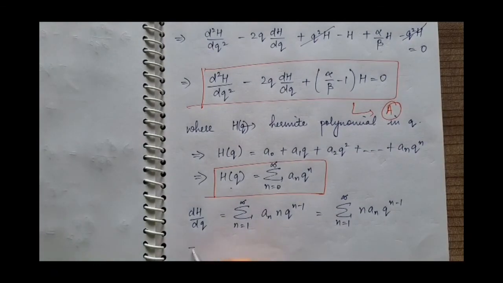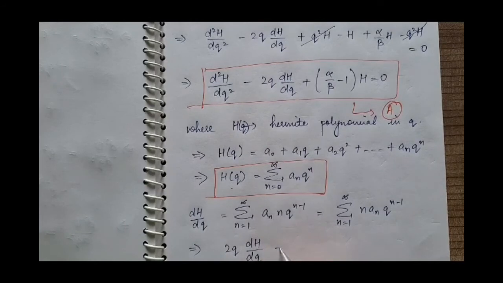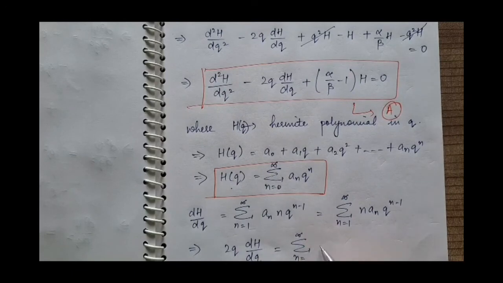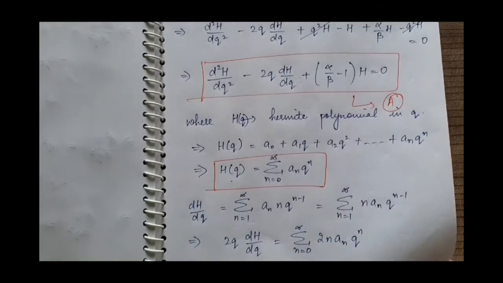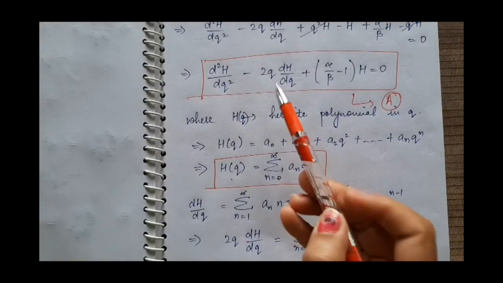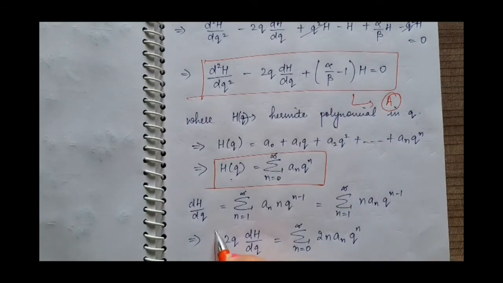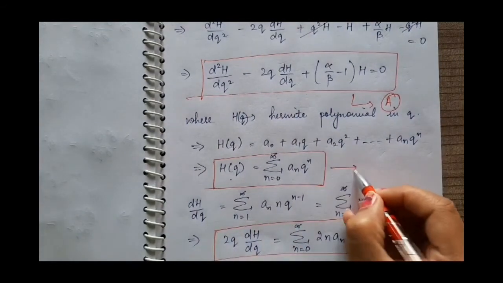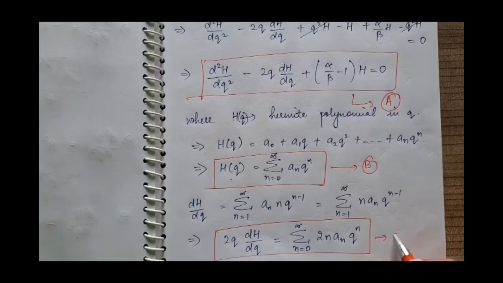Then 2q dh by dq is equal to summation n varies from 0 to infinity 2n a_n q raised to power n minus 1 into q, which is q raised to power n. So now we have the value of this second term. This is equation B and this is equation C.